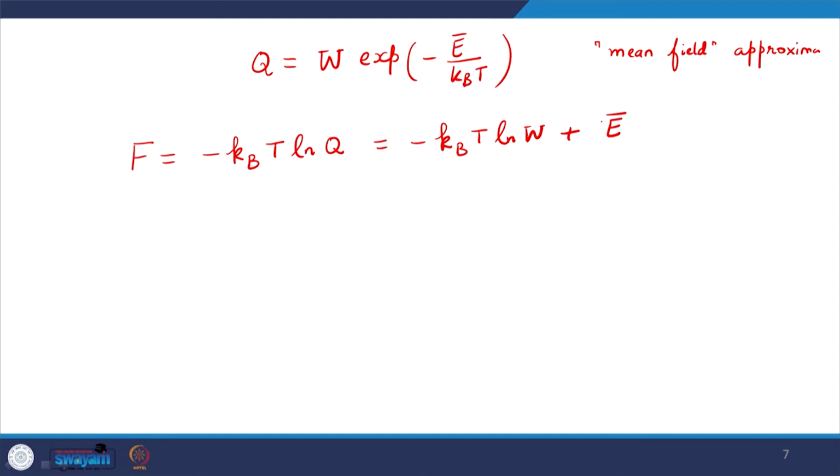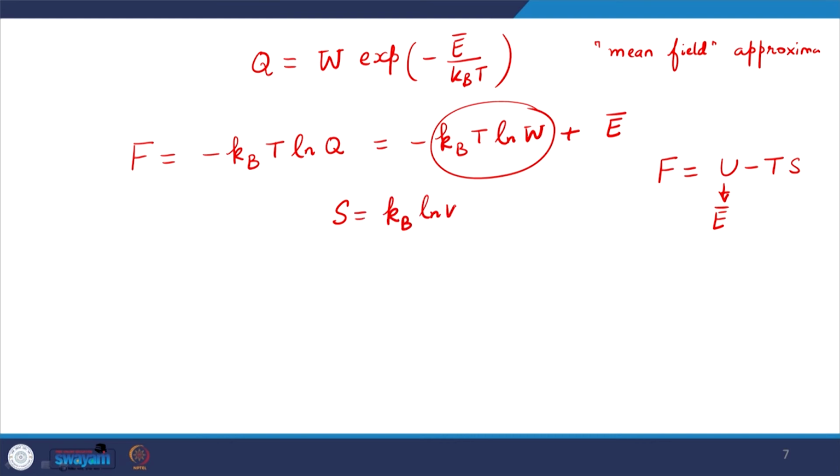Now, if I compare this with the expression of the Helmholtz free energy, F is equal to U minus TS. So, U here is the same as the E bar. So, essentially this quantity has to be TS and therefore, S has to be kB ln W, which is of course true as we have discussed earlier in this course.